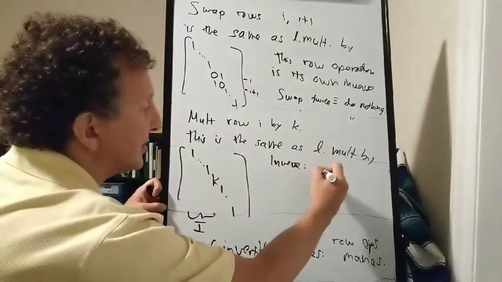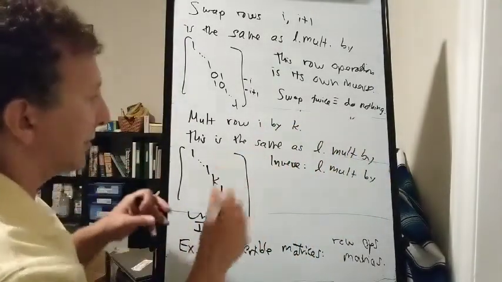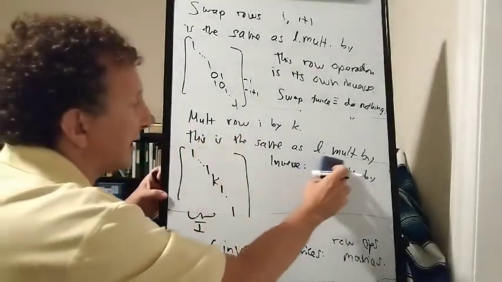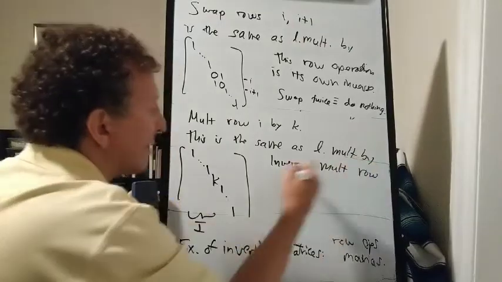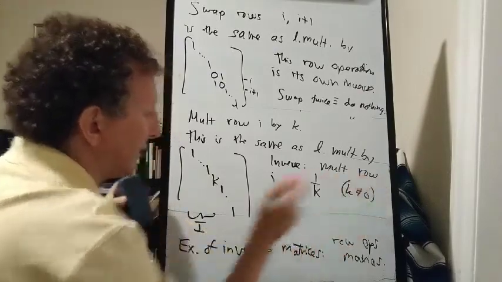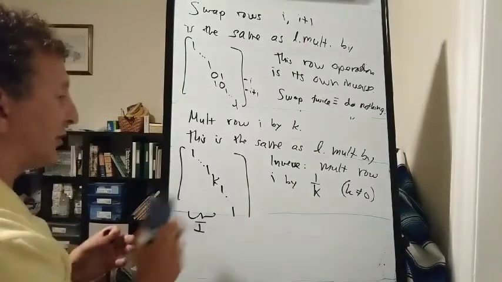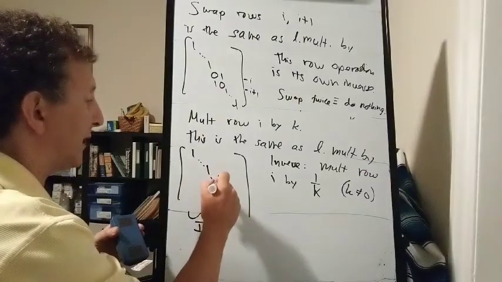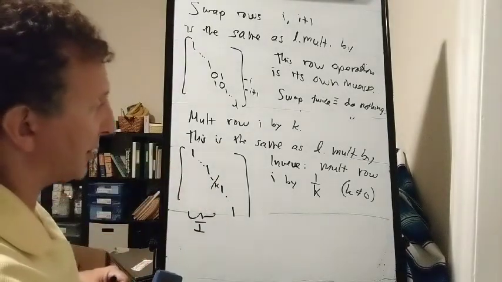The inverse of this operation is left multiplication by, well, first of all, what we're doing is multiplying row I by 1 over k. So this will work if k is not 0. And the inverse matrix looks just like this, except where we had a k, now we have 1 over k. So that undoes multiplying a row by k.